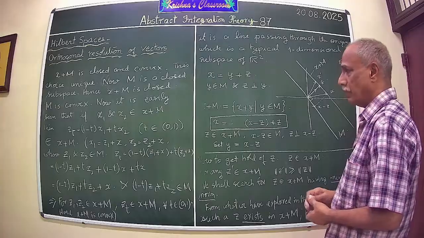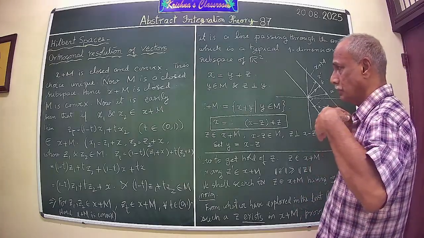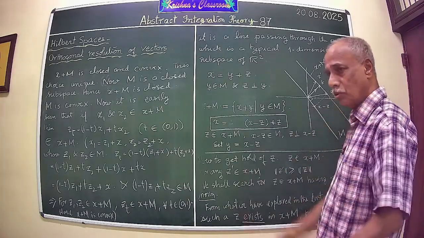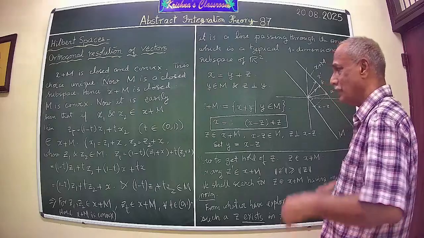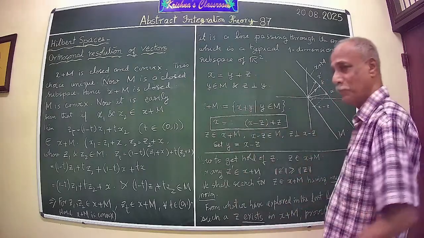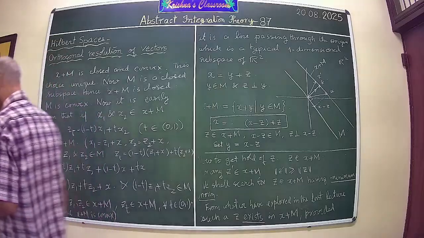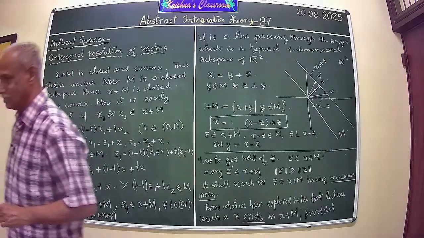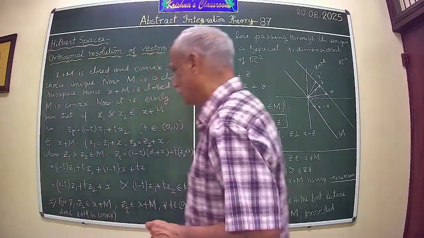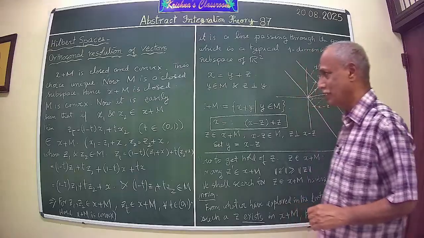So you have x plus m closed as well. I am not giving the proof that x plus m is closed. M is closed, therefore x plus m is closed. And that is very easy to verify.